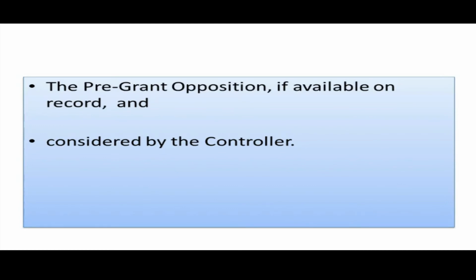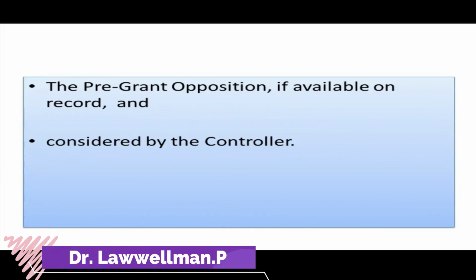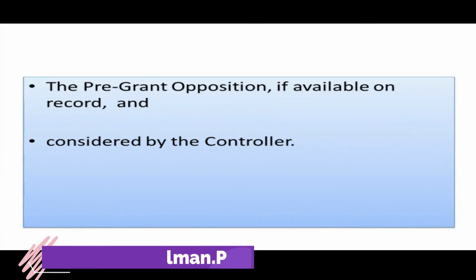That possibility is there. It's commonsensical. So even though it is not useful as far as the earlier patent application is concerned, it could be useful as far as the present application is concerned.